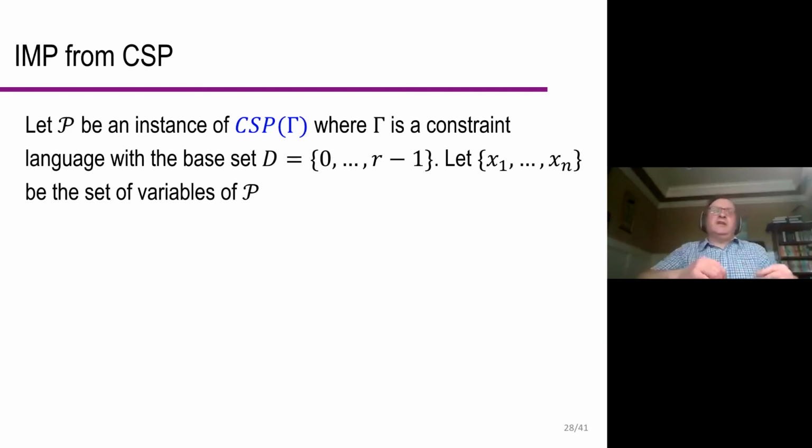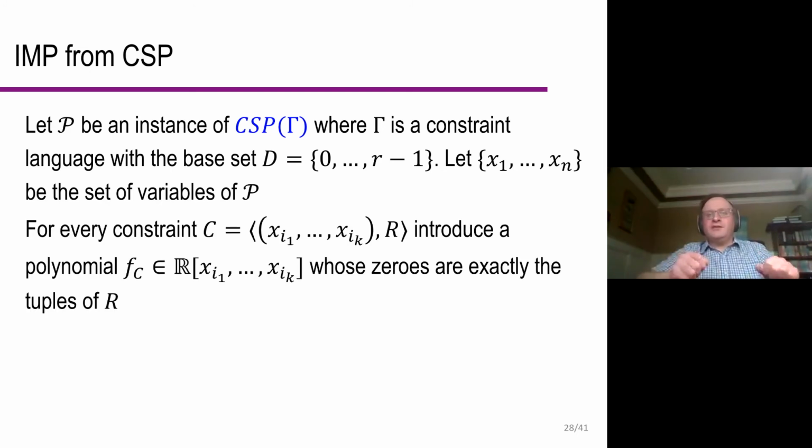I'm going to relate this instance with a polynomial ideal. How do I do that? In the most straightforward way imaginable. For every constraint, remember what a constraint is: it's a relation imposed on a bunch of variables, so it's R of x_i1, ..., x_ik, for instance. For every constraint like this, I introduce a real polynomial in the same variables, whose zeros are exactly the tuples of R. So I interpolate this finite relation with a real polynomial.